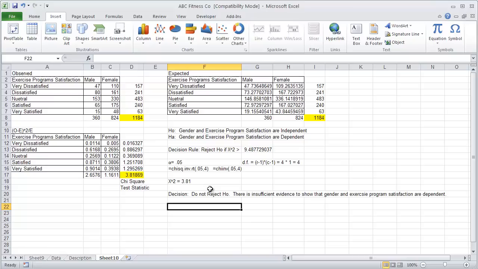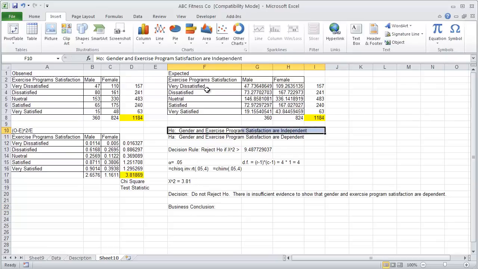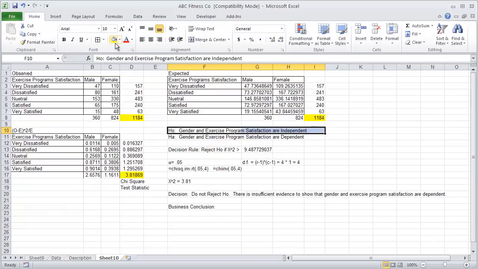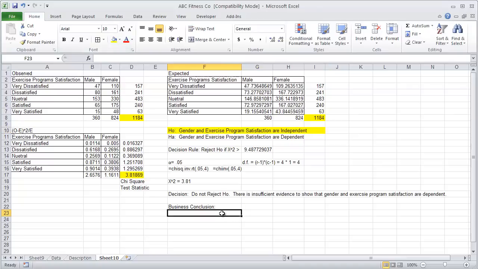So having said that, what's our business conclusion on this one? Since it's a do not reject H sub O, we're going to move forward with it, and we're going to say that they're independent. So it doesn't matter whether you're male or female on how you rated the exercise program.